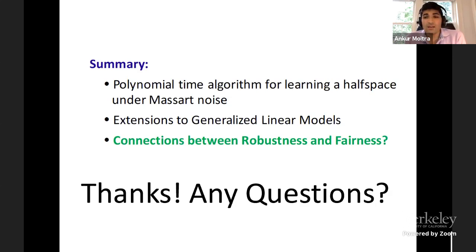What's kind of funny is that with this generalized linear model, remember that the setup was that there's sigma of W transpose times X. And it actually works in something called the probabilistic concept model, because sigma is a value between -1 and 1, not necessarily one of the two. There's this thing called the probabilistic concept model of Kearns and Schapire, in which you assume that sigma is the expectation of your label.